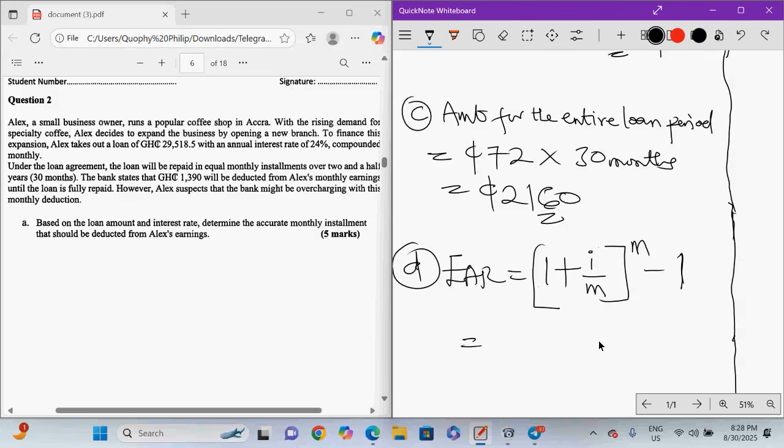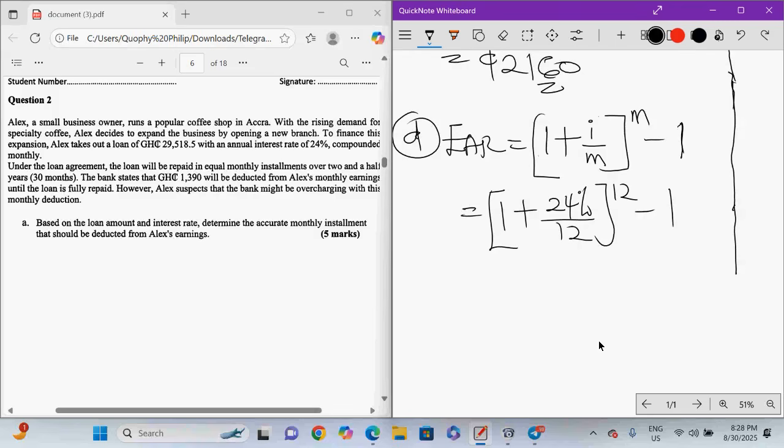So that is giving us 1 plus the interest rate of 24%, divided by 12, exponent 12, minus 1, right? The m is the number of compounding periods. So what is our effective rate?